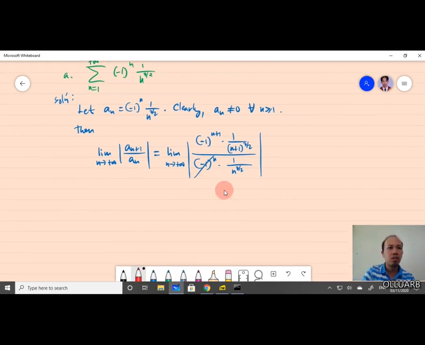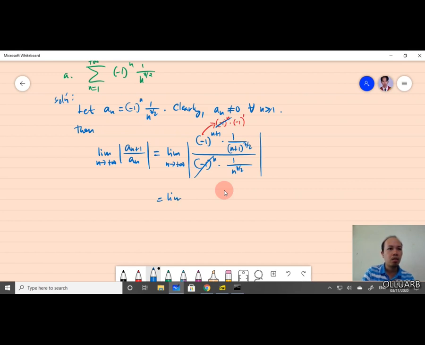This factor here can be simplified as negative 1 to the n times negative 1. Okay, the exponent is 1, so we can cancel out this one here.